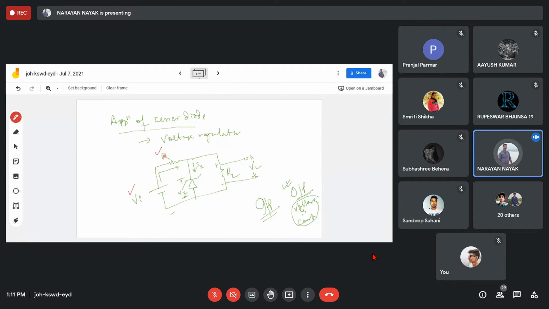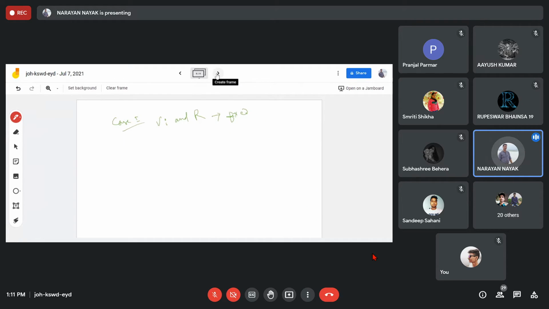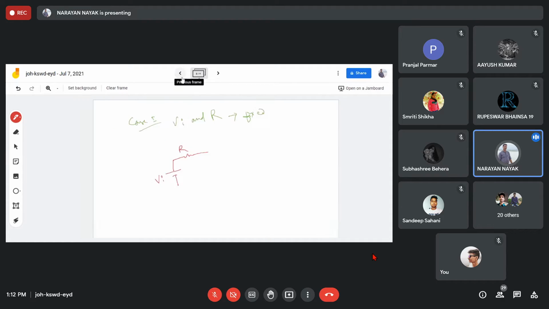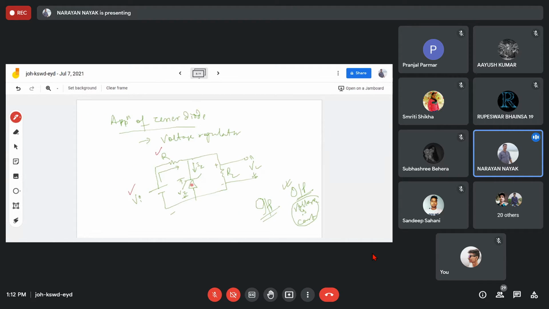R is also constant. So if Vi and R are constant, then at that time you have to consider that this Zener diode is open circuited.